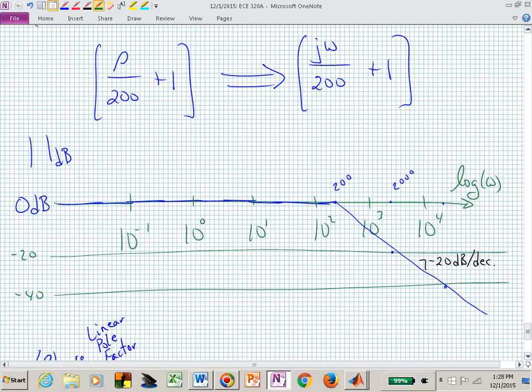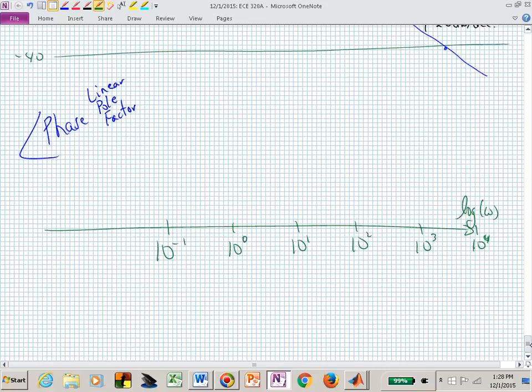All right. What's the break frequency? 200. So what's that mean? If it's 200, we are right here for the break frequency. But now we're dealing with phase, and what do we need to worry about with phase? Where are we going to end up in our phase?